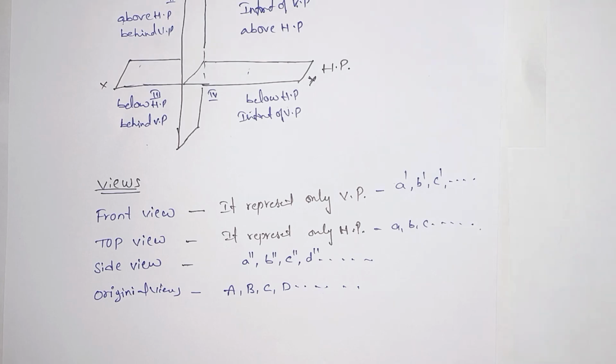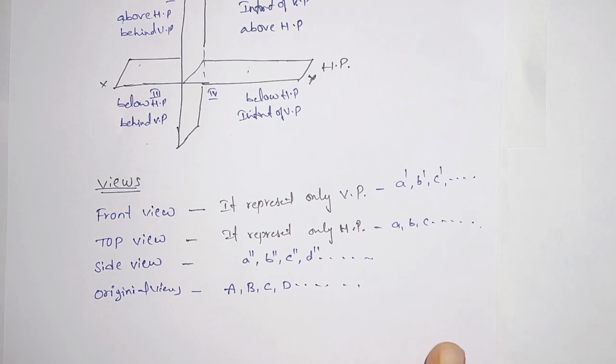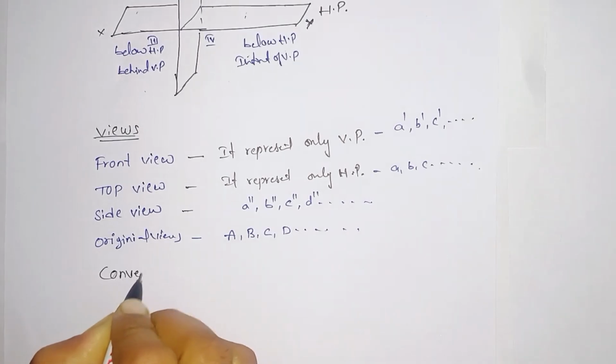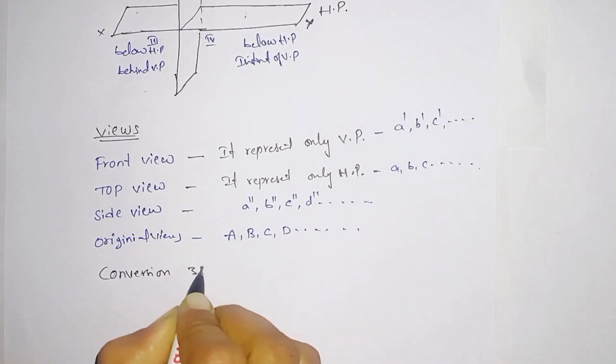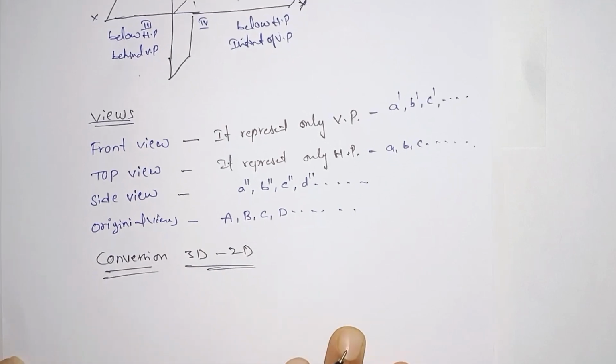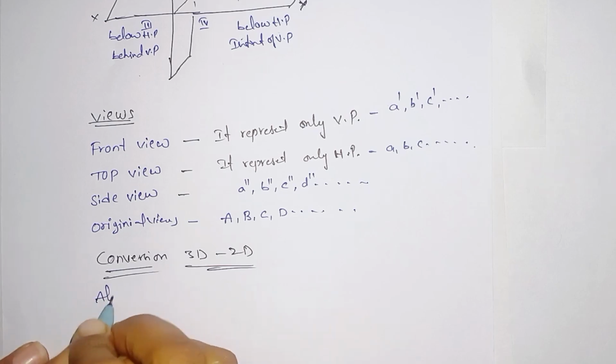The conversion of 3D to 2D is very, very important. Always rotate HP 90 degrees in the clockwise direction.